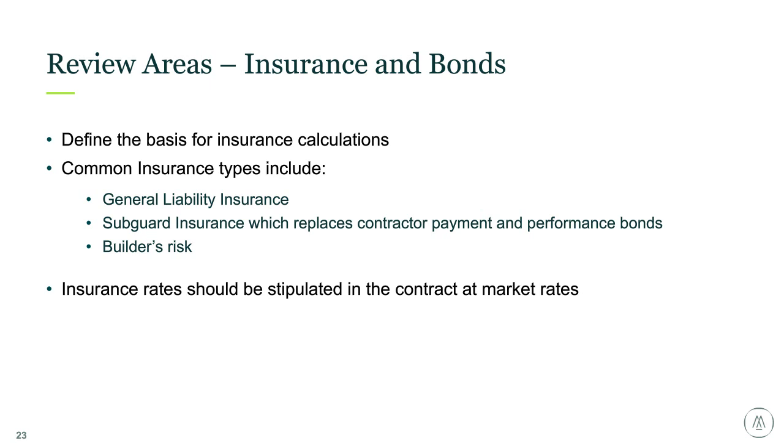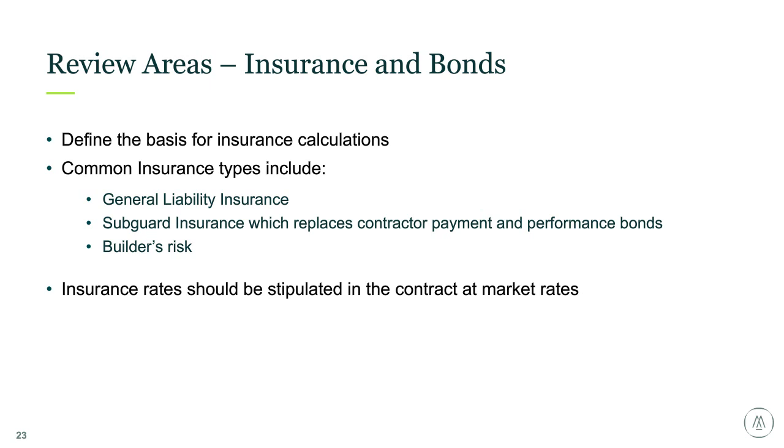The common insurance products that we see are the general liability insurance, the subguard insurance, and the builder's risk. So, for example, this is an example we recently had where subguard insurance, a common insurance product for subcontractors on the job, we've seen where the subguard insurance rate was applied on the total cost of work, so all the cost versus enrolled subcontract values, creating hundreds of thousands of dollars of overcharges.